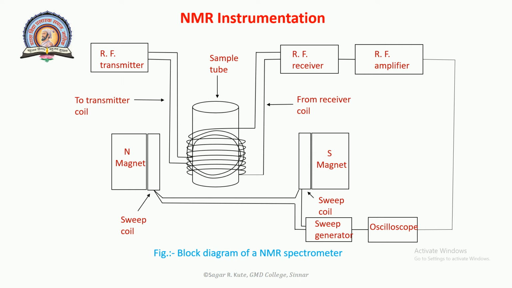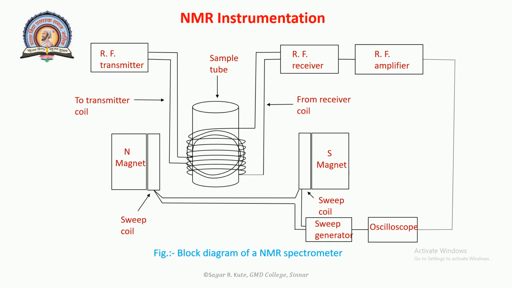Fourth is an RF oscillator connected to a coil called the transmitter coil, transmitting the energy to the sample. As mentioned, the axis of the coil is perpendicular to the magnetic field. Fifth is an RF receiver connected to a coil called the receiver coil, in the circle of the sample.